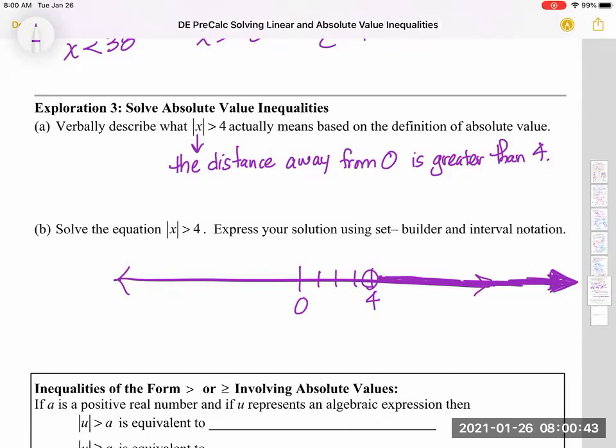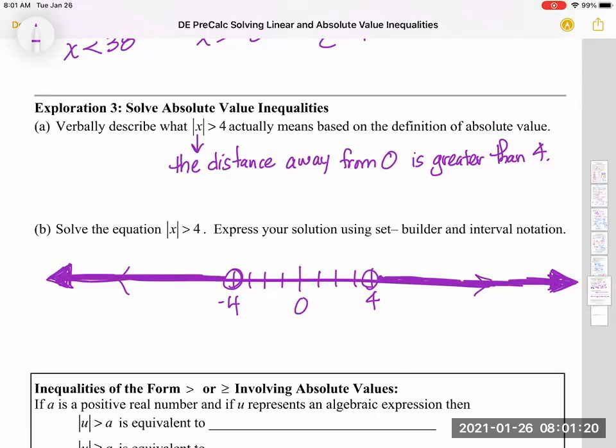If we can do that on the right, we can do it on the left too, because distance is always positive. So if we go 1, 2, 3, 4 to the left, I can't be exactly 4 units to the left, but I can be farther than that. So all of these numbers, all the fractions, all the decimals, all the irrational numbers, all the way out to approaching negative infinity would be a possibility because they're all greater than 4 units away from 0 on the number line.